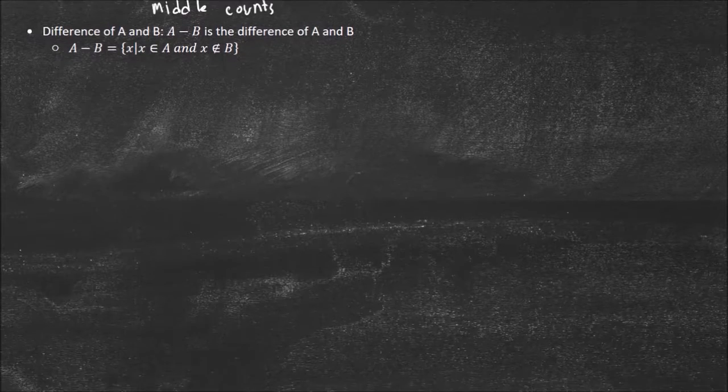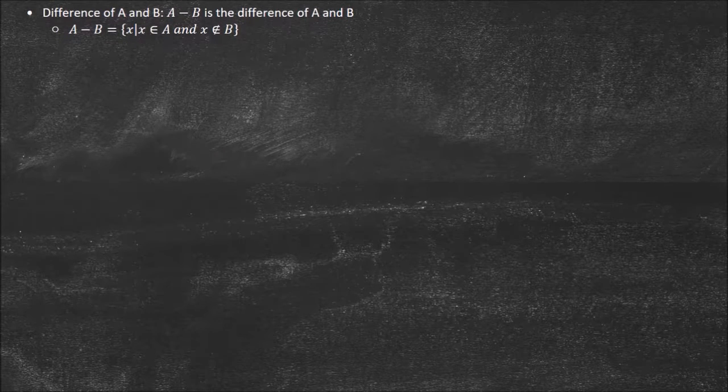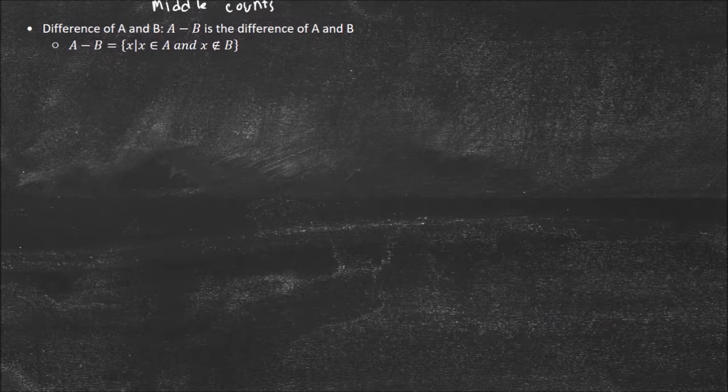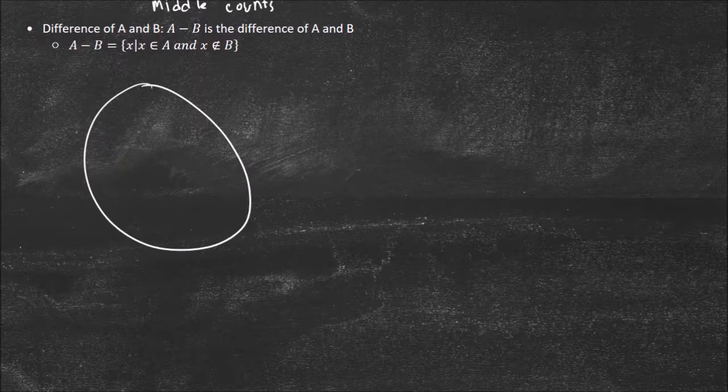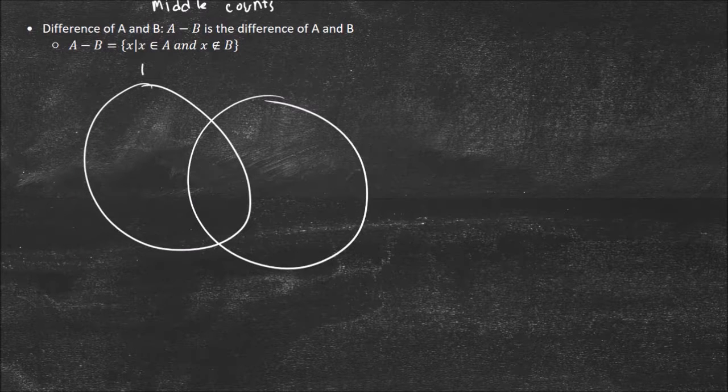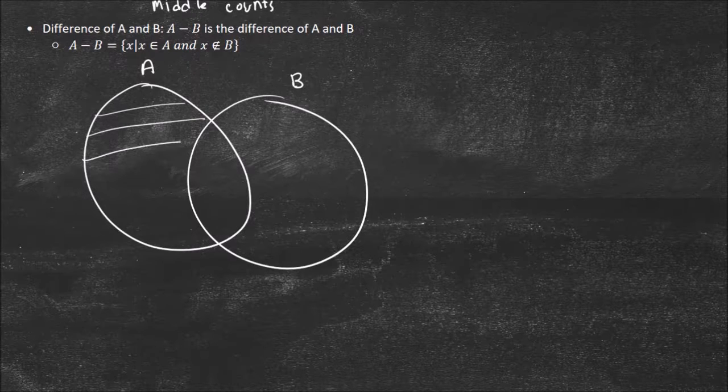All right, and lastly, we have the difference of A and B. That's kind of what you would expect. Again, I have my A and my B, and they meet somewhere in the middle. You just write this as A minus B. There's nothing special really for notation here. This one you don't see as much, but it's still a good one to know. As we say in set builder notation, x, where x is an element of A and x is not an element of B. I'm going to start with x as an element of A, and I can just highlight all of that.